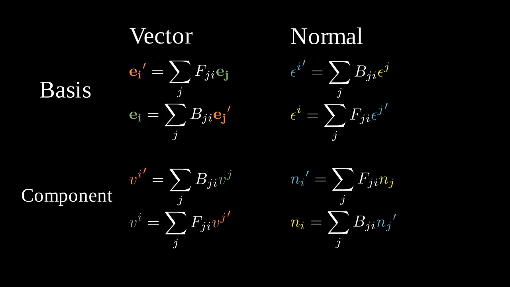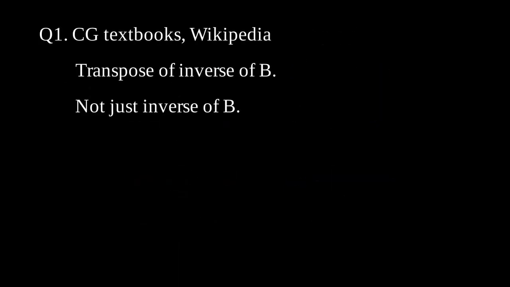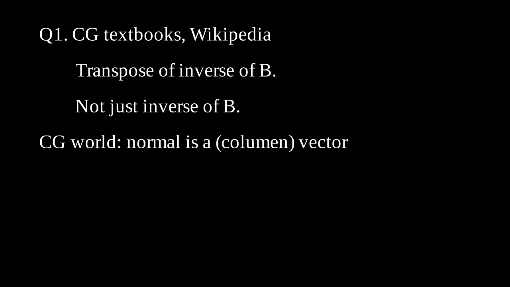But you still have 3 remaining questions. 1. Some computer graphics textbooks and Wikipedia say that the normal transformation is the transpose of the inverse of B, not just an inverse. You have already seen that the normal is a column vector in the computer graphics world.